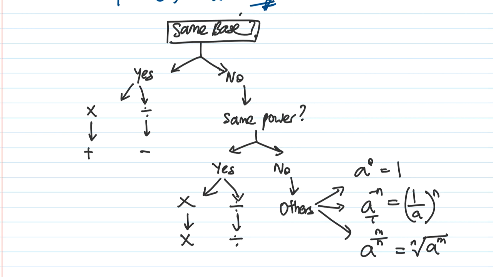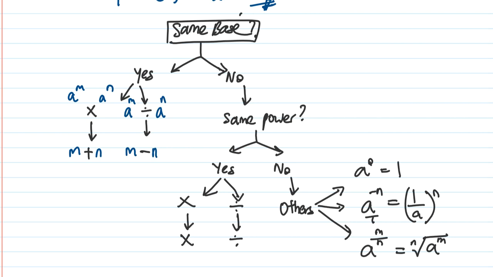If it's the same base, what it means is if it's a^m multiplied by a^n, we just add the powers, so just m plus n. If it's a^m divided by a to the power n, we just subtract or minus the powers.